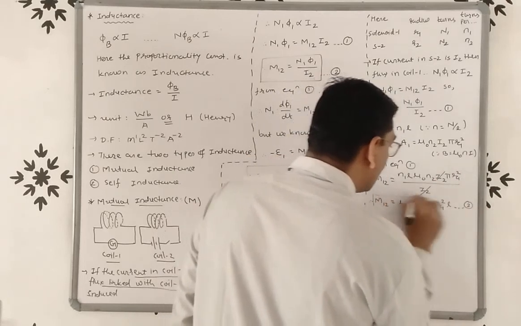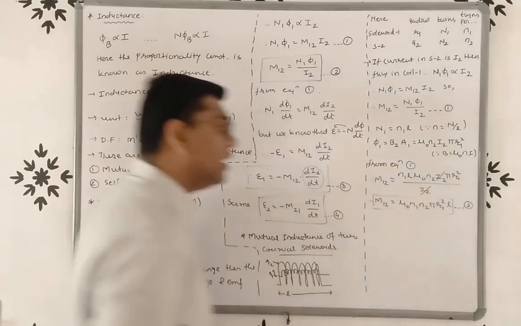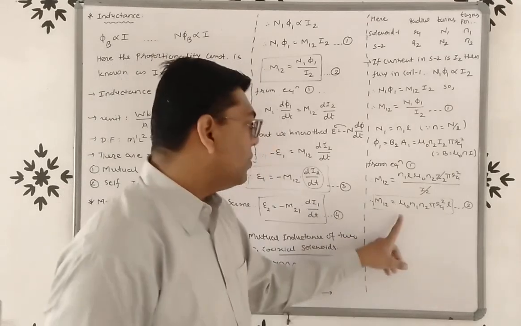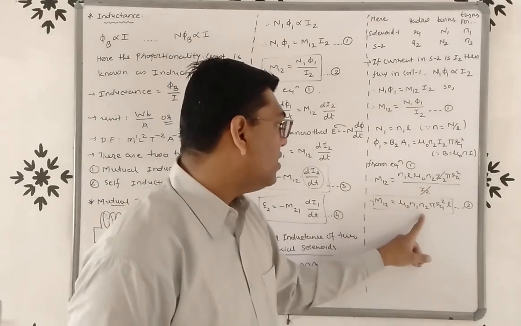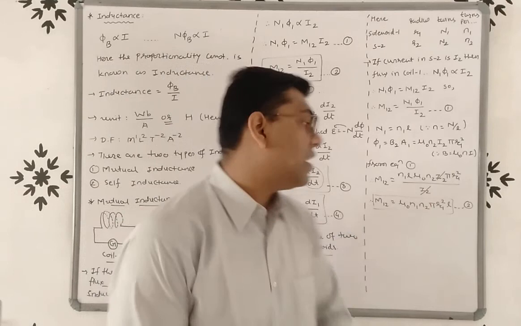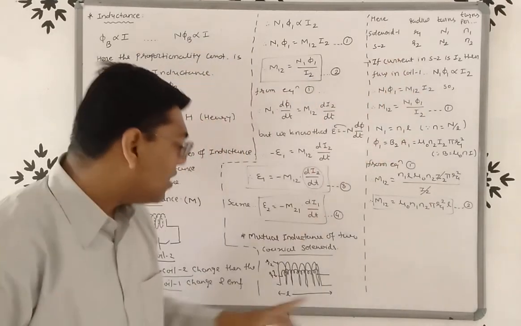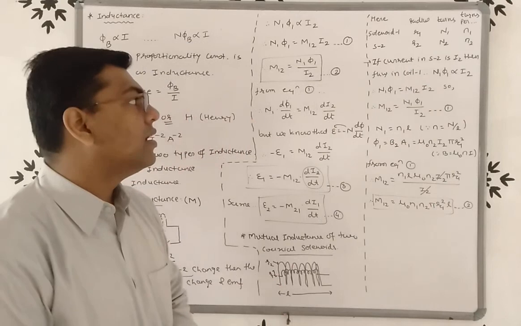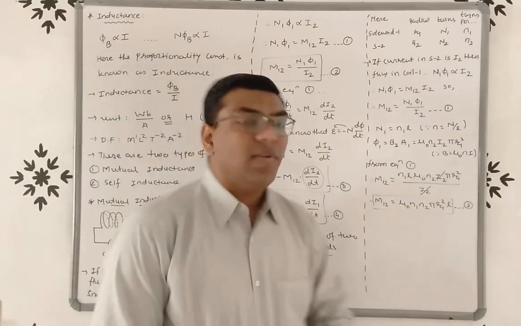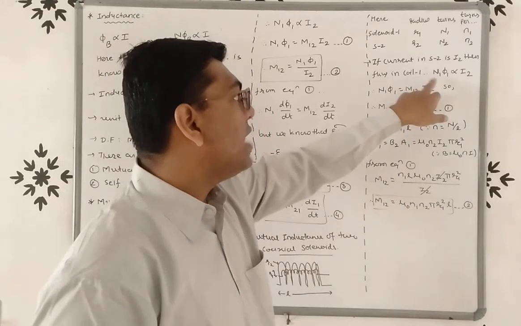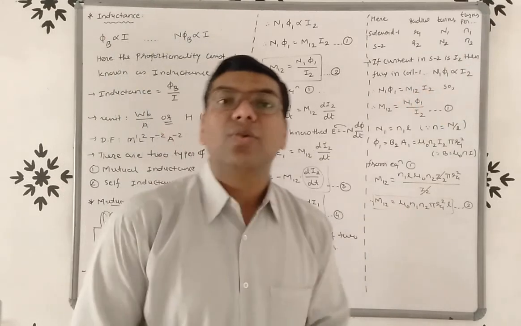So the mutual inductance of coil 1 with respect to coil 2 is mu 0 n1 n2 pi R1 square L. Now if the current in solenoid 1 is I1, then the flux in coil 2 is given by N2 phi 2 proportional to I1.